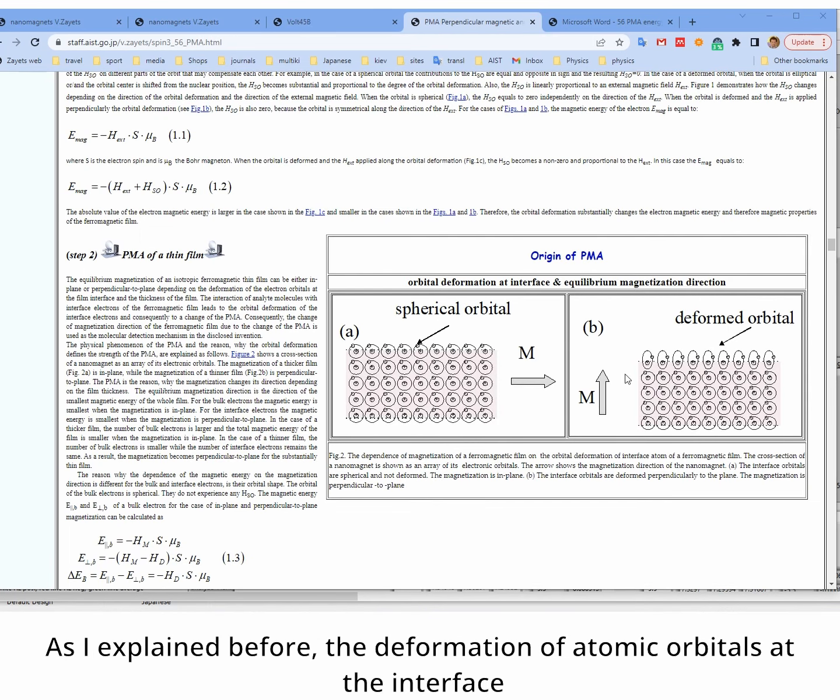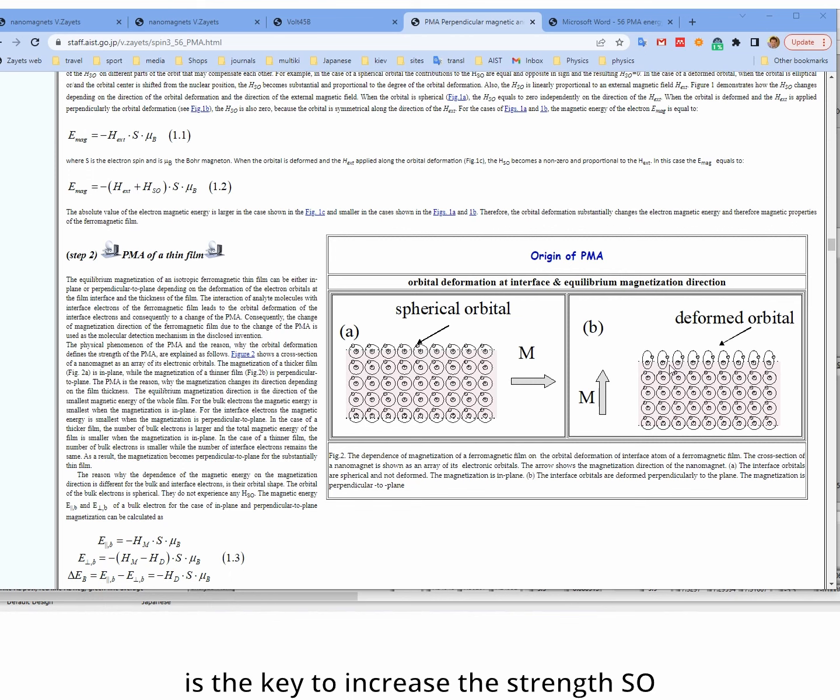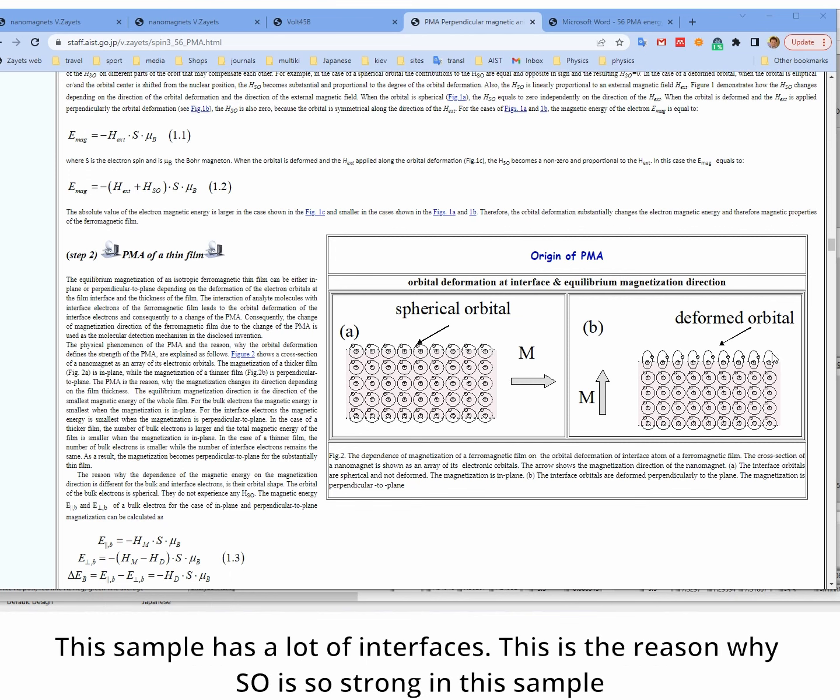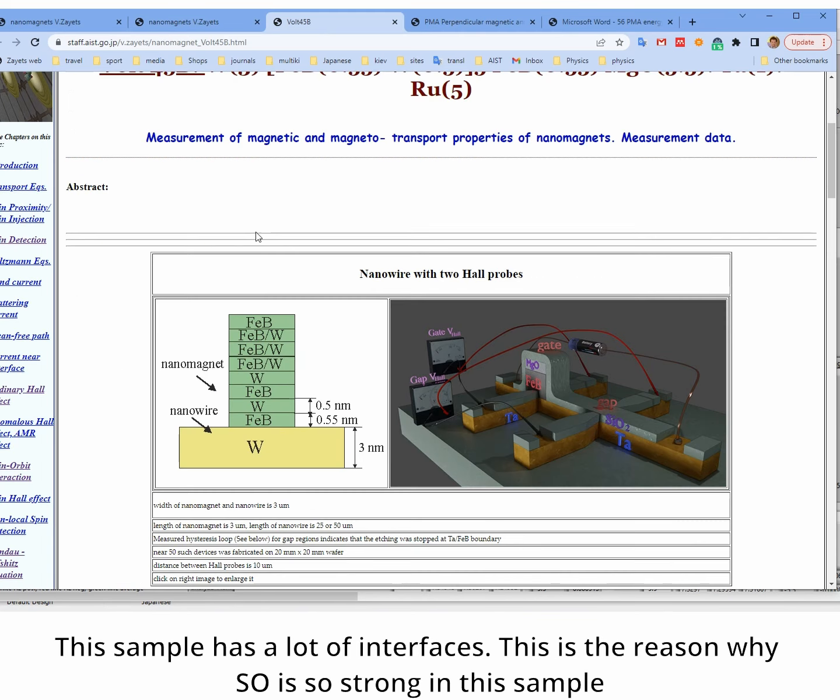As I explained before, the deformation of atomic orbitals at interfaces is a key to increase the strength of spin-orbit interaction. This sample has a lot of interfaces. This is the reason why spin-orbit interaction is so strong in this sample.